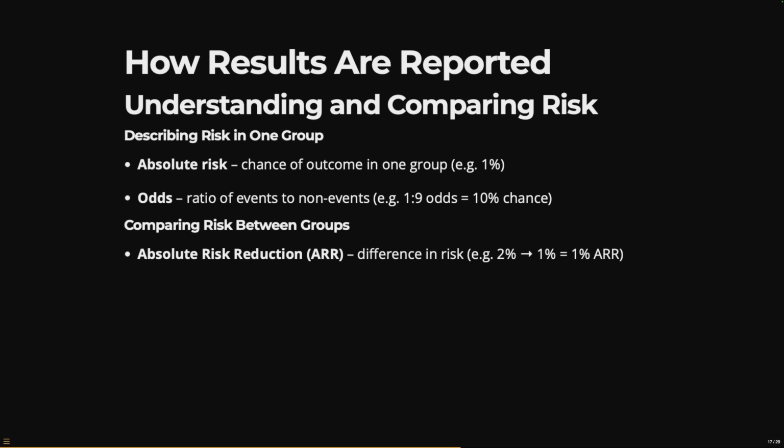So the difference is 1% in absolute terms. A similar metric is this relative risk, which is just those two groups, but you look at what's the change in percent there. And that in the same situation would say, okay, it's a 50% lower risk in the treatment group.